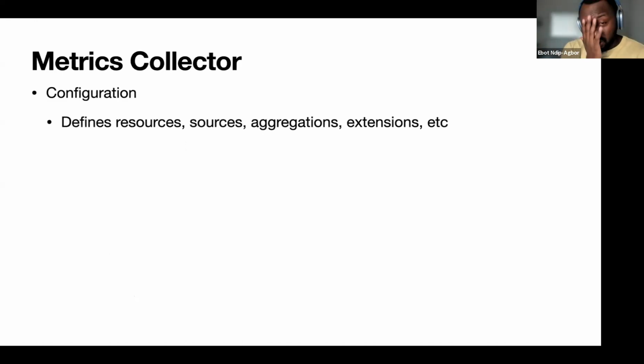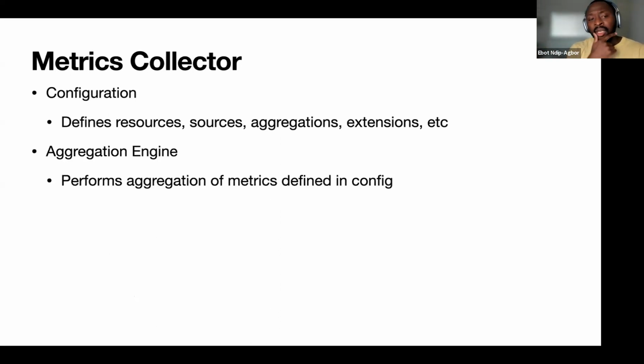All right, so the metrics collector itself. So we have that config I talked about. Here you would specify what resources you're interested in, what are the sources of the metrics, the aggregations and the extensions. I'll go deeper into that in a slide ahead. There's also the aggregation engine that actually performs the aggregations and exposes those metrics as well.